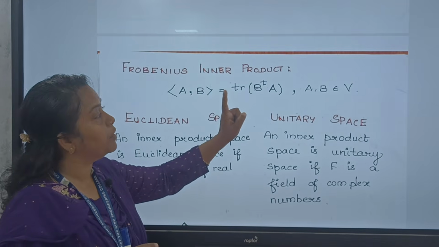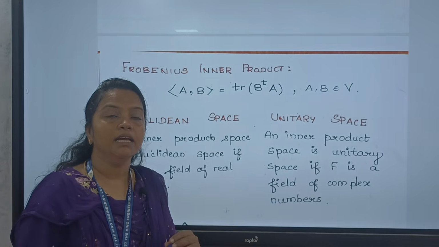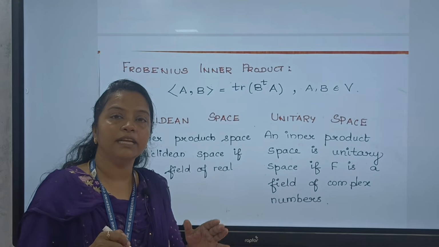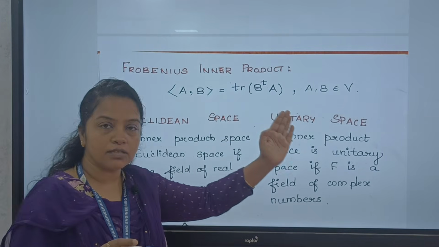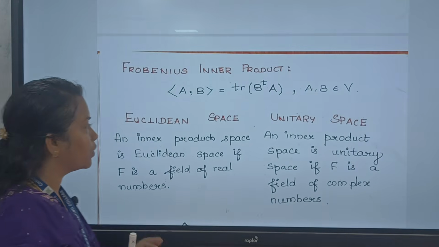B transpose is the matrix in which rows are written as columns, where A and B belong to the vector space V.